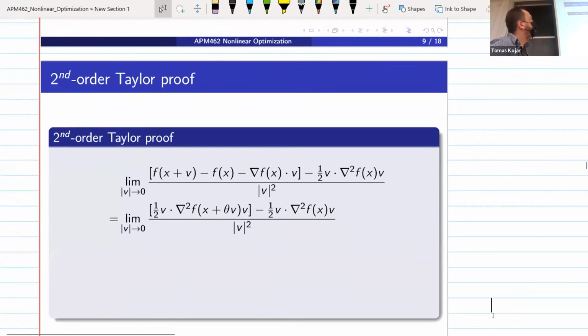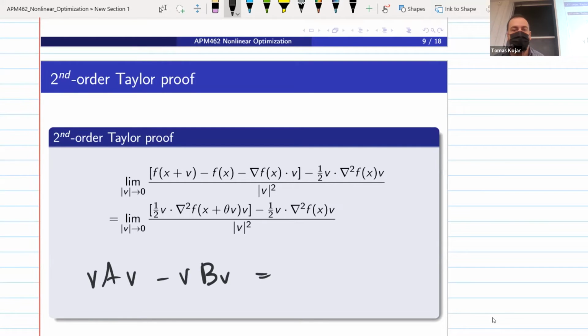So we apply the second order mean value theorem, and we get our half Hessian at theta, and we factor out the v's. So this is linear algebra stuff. We can go over it later if you want. Whenever you have two matrices with a common factor, you can write it as v(A minus B)v, and this is a difference of matrices, because matrices are linear.